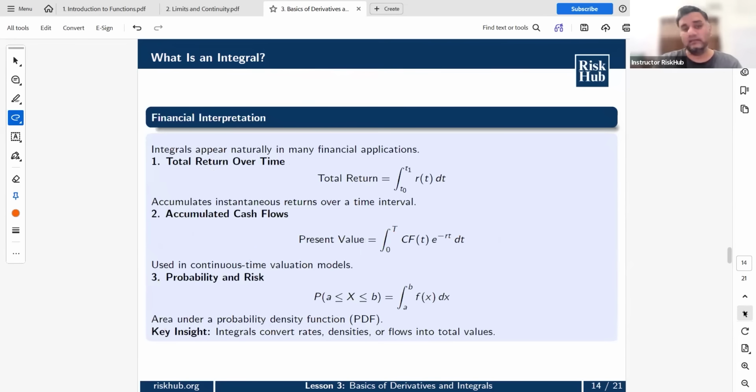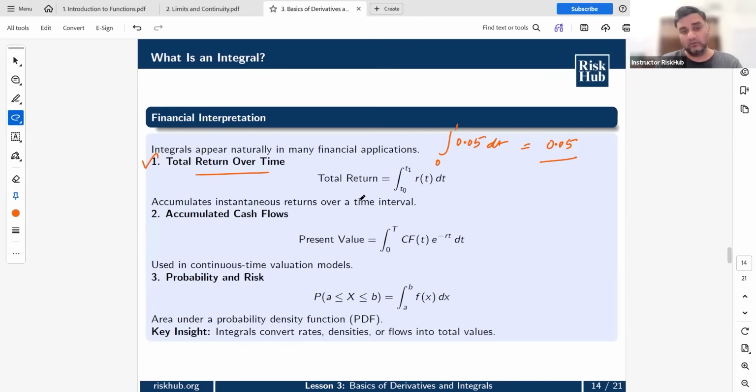So if you take r(t) = 0.05 and integrate from 0 to 1, that gives 0.05, meaning a 5% annual return.